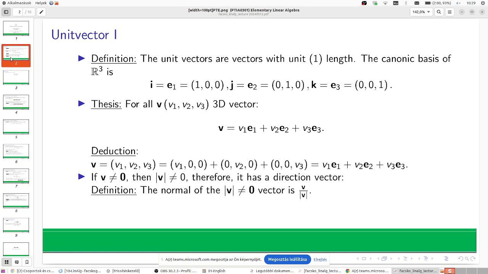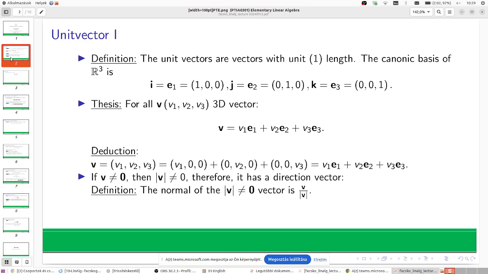If you are in 2D, you can appoint two vectors, preferably perpendicular to each other, and these will be the unit vectors of the coordinate system. If you are in 3D, you can do it with three vectors.